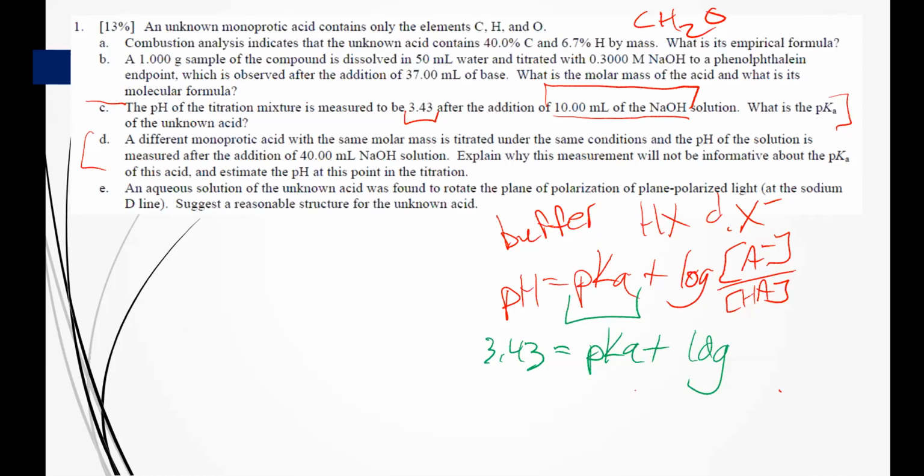So should it be the moles that we found earlier? If we put those moles in and divide by the 50 milliliters, we found that we had 0.0111 moles, and we divide it by 50 milliliters.